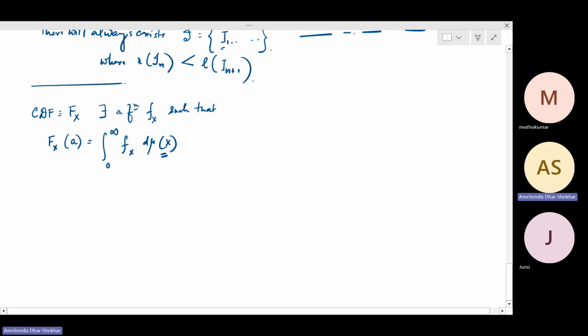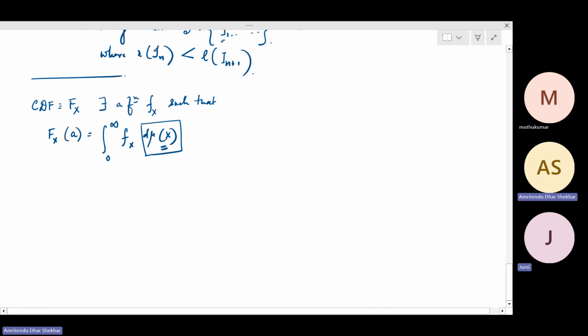Okay, now, what is this d mu of x? I think it is integral over 0 to x. Oh, sorry, I'm writing it completely wrong. Yeah, integral of minus infinity to a. Thank you, sir. Minus infinity to a fx d mu of x.